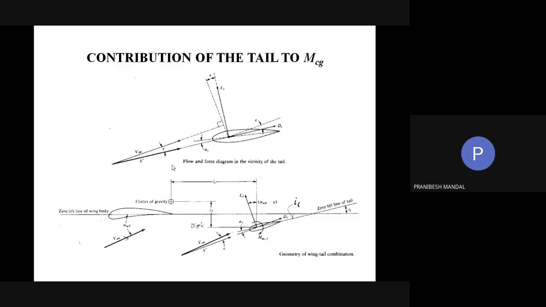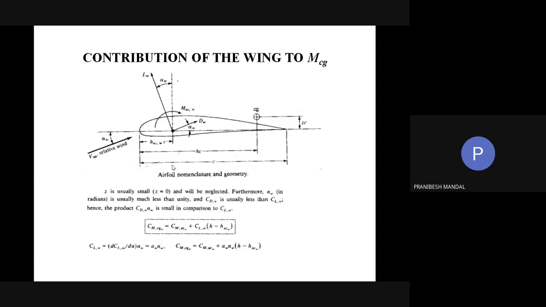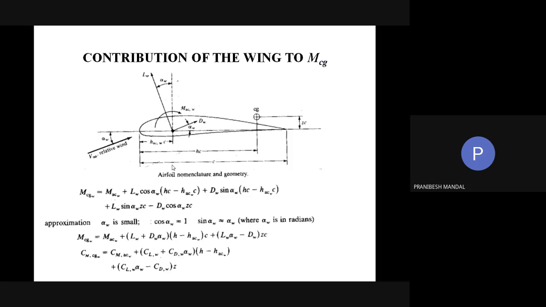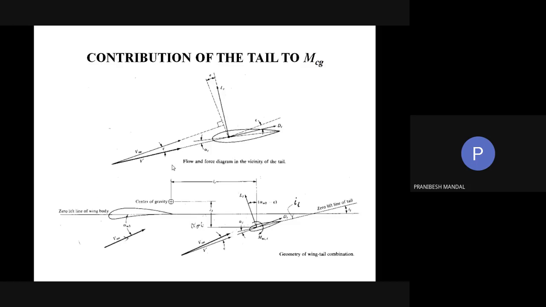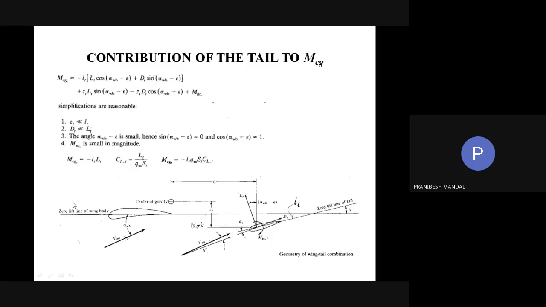Because you actually normalize the wing body combination with respect to the properties of the wing. So if you are going to sum this up, you need to normalize MCGT also with the properties of the wing, but not with the properties of the tail.